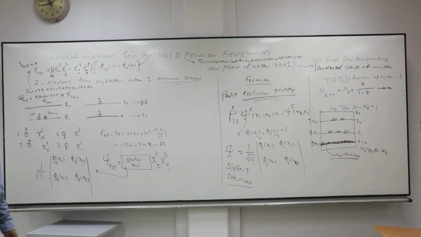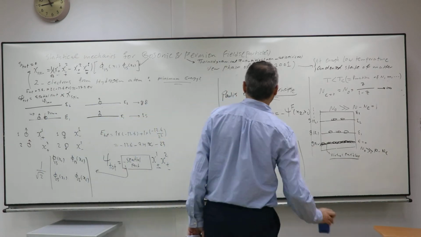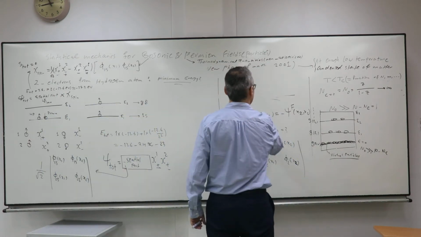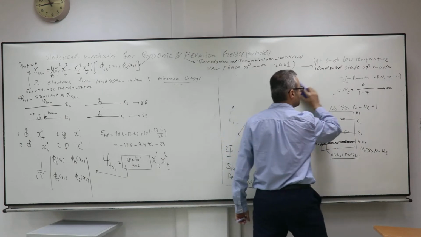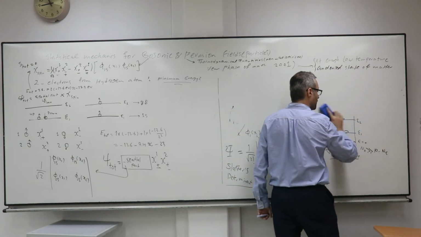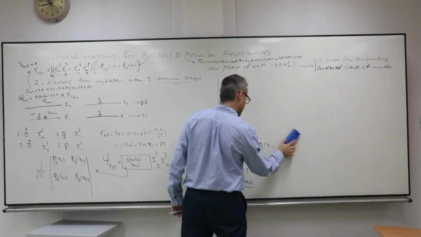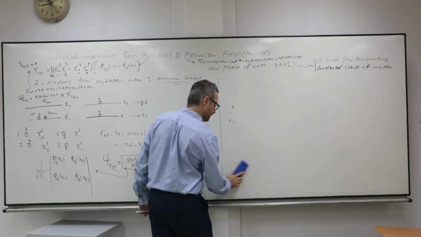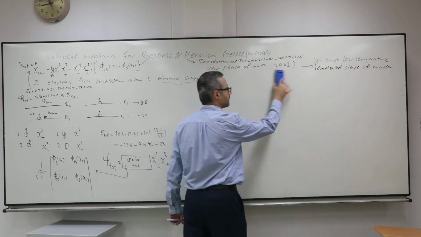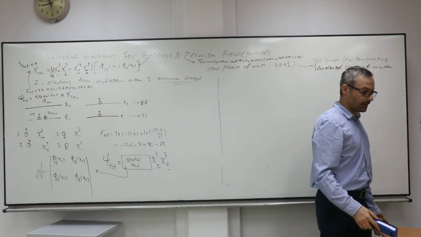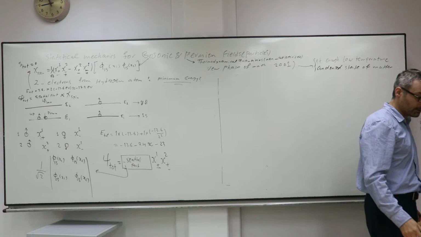So the difficulty now is that we need to keep the Pauli exclusion principle for a system with a huge number of particles, N particles. You need to keep the quantum mechanics for the system with N particles.